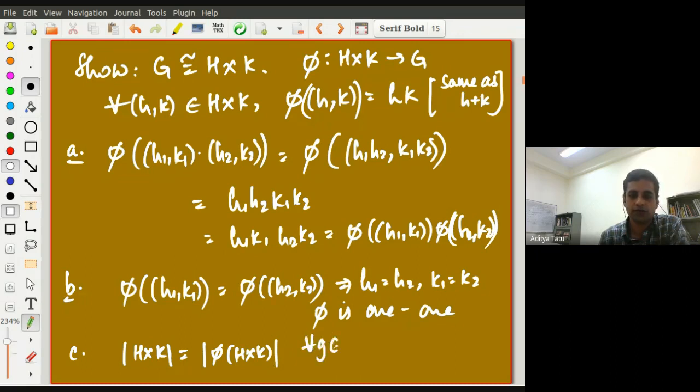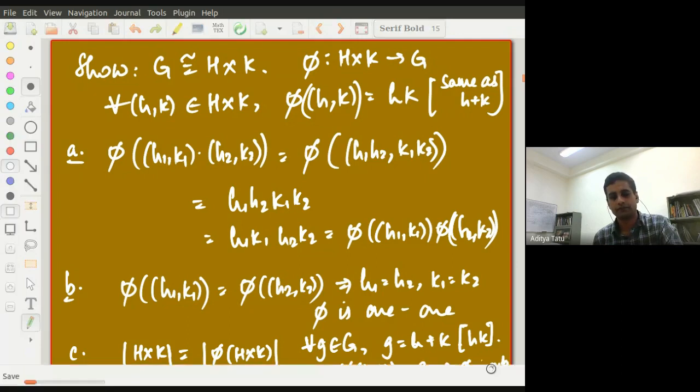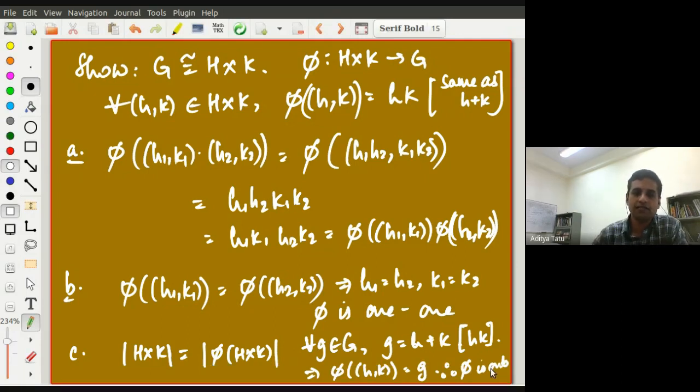Because we already know that for all group elements G, G is equal to some H plus K, or HK, if you want to use that notation. Then phi of H comma K will be G. Therefore phi is onto. I hope this is clear.